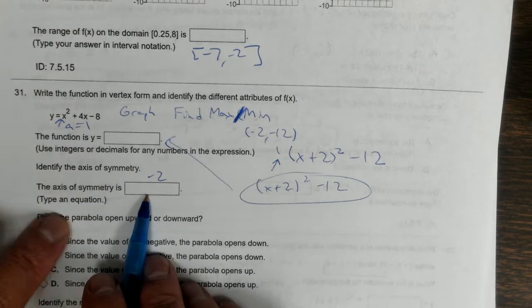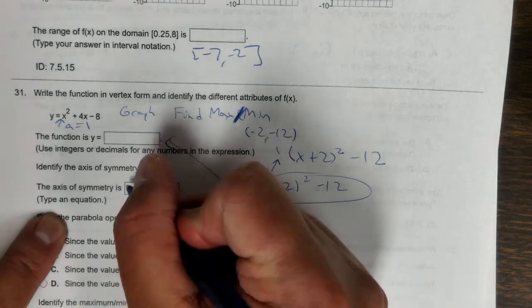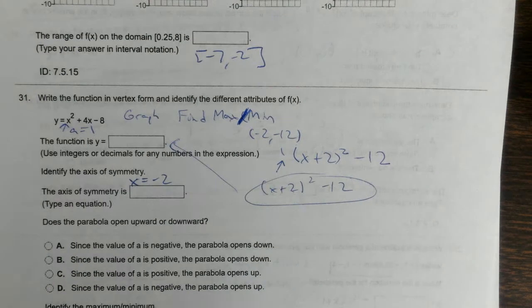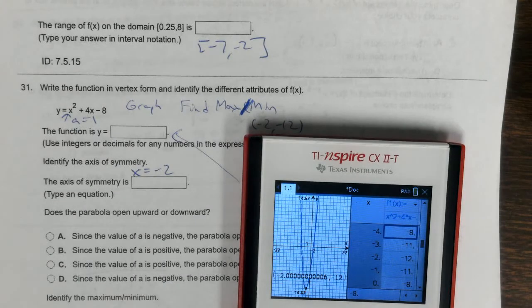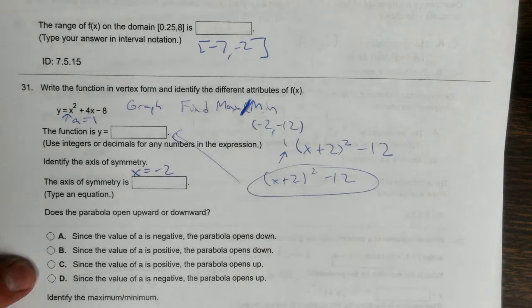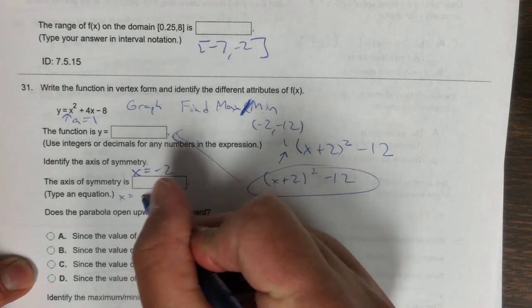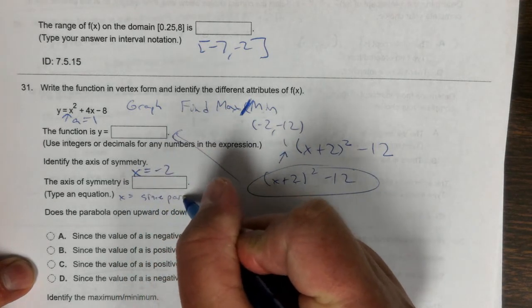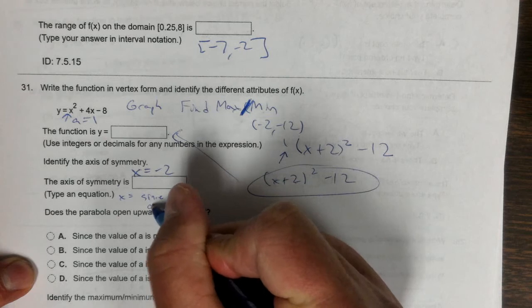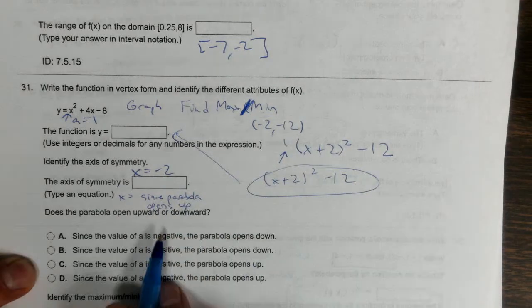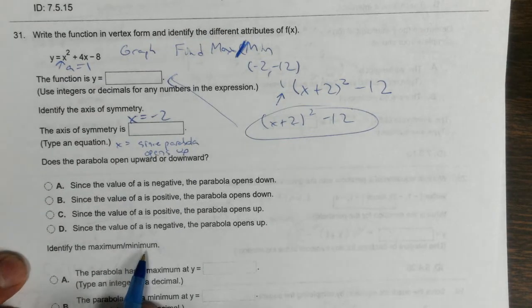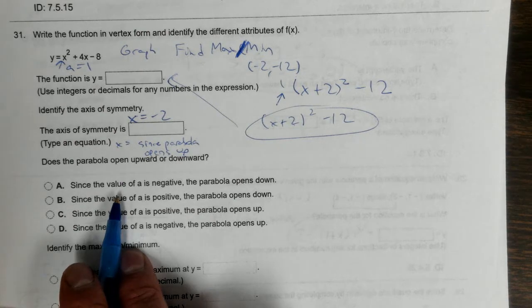It does want it in an equation, so make sure you do x equal. Since this is a parabola that opens up, it's x equal. And that actually ties into this. Does it open up or down?